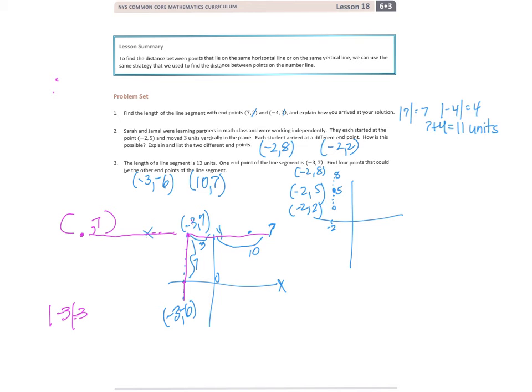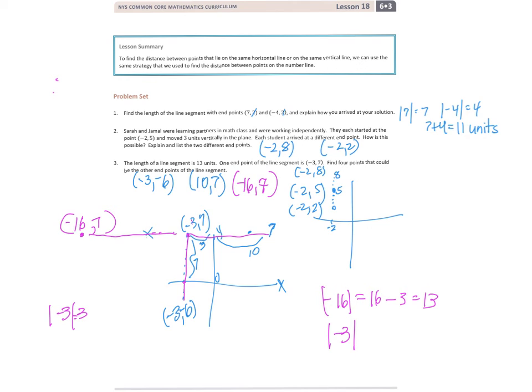If I go negative 16, 7, then the absolute value of negative 16 is 16. It's all on the same side, so I have to subtract. 16 minus the absolute value of negative 3, which is 3, gives me 13. That will work. So let me write that one in, negative 16 and 7.